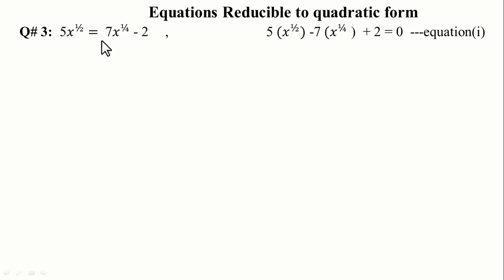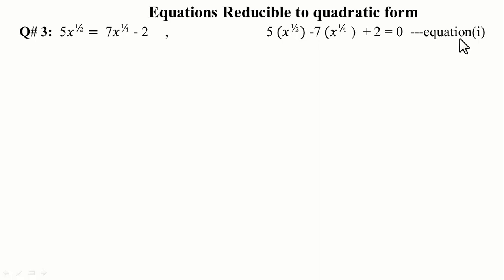So first of all, rearrange the equation. We can write 5 into x to the power 1 upon 2 minus 7 into x to the power 1 upon 4 plus 2 is equal to 0.